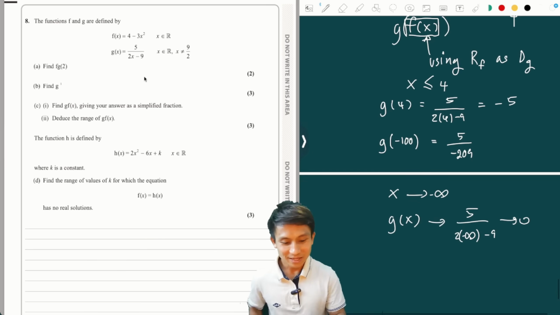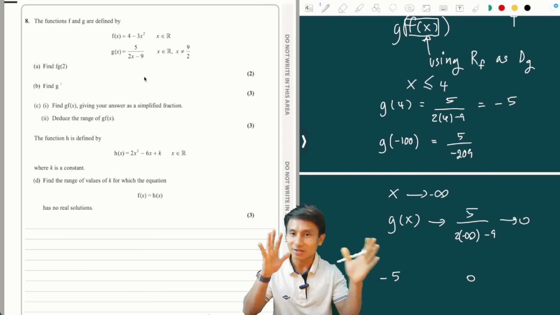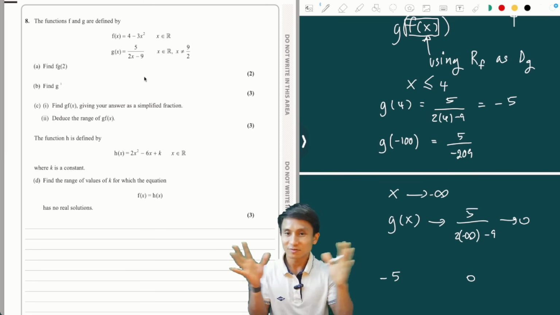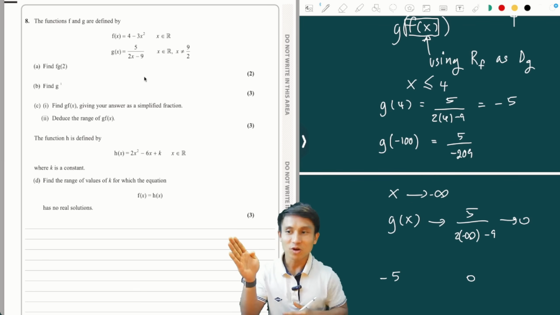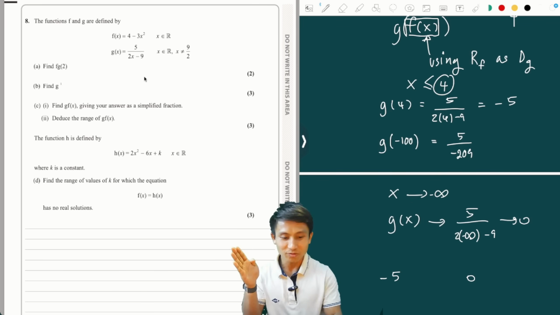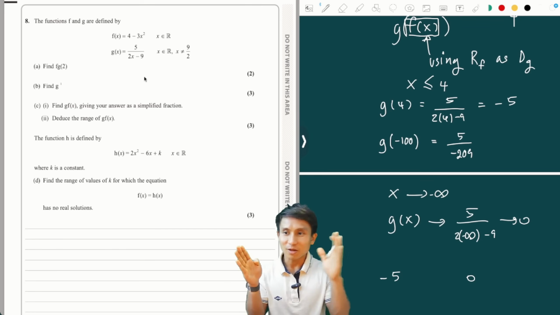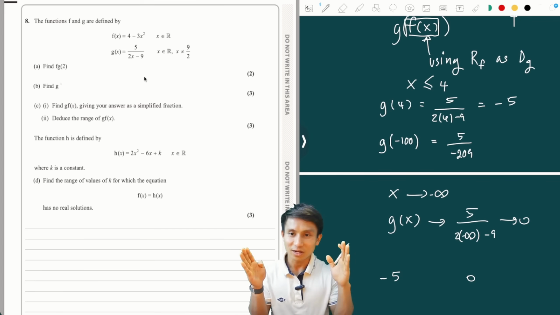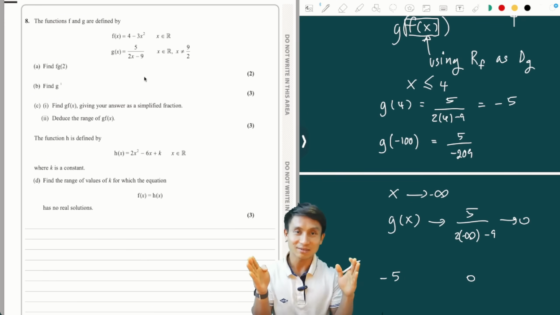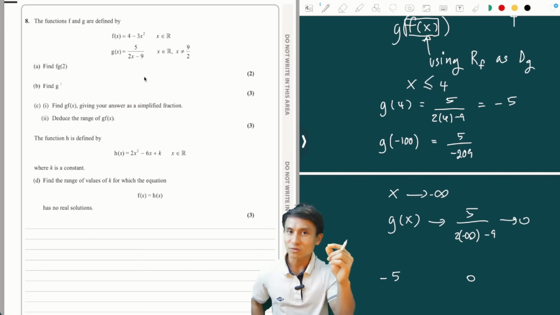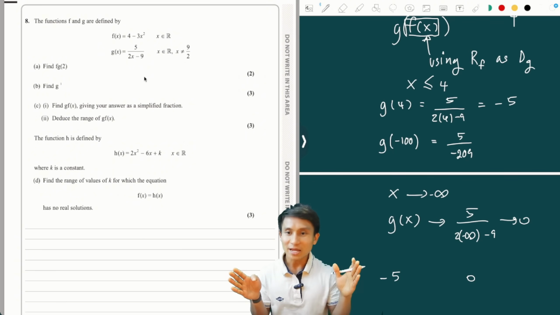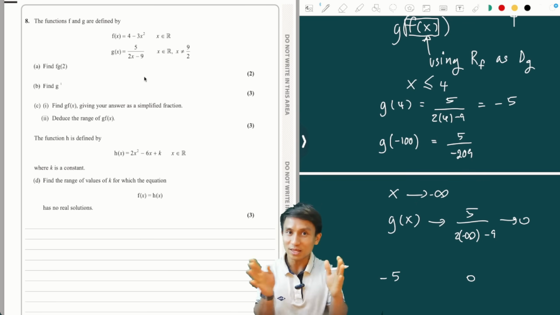If you have minus 5 and 0 as the two bounds of this g(x), because minus 5 you got from substituting the actual bound 4 from the domain that you're using. But if you think about the tendency of the function, when you make x extreme to one side, in this case negative infinity, it tends to 0. So when you put minus 5 and 0 together, the range of this whole thing should be in between that.